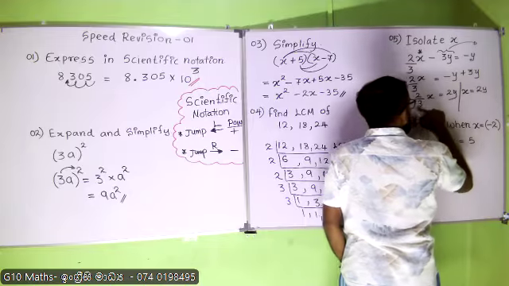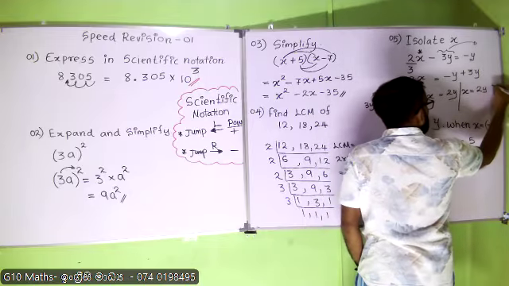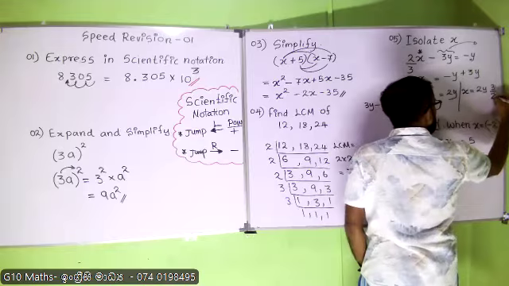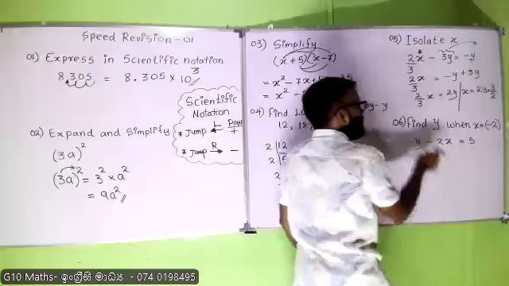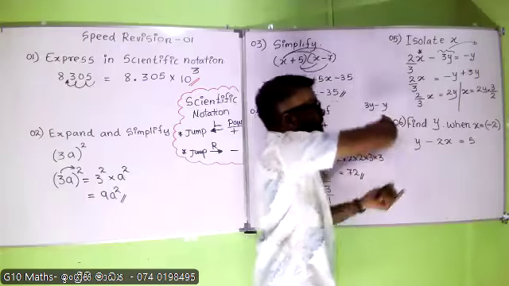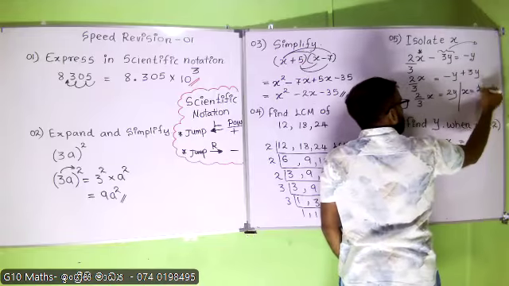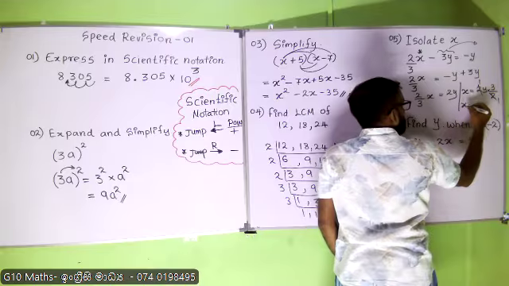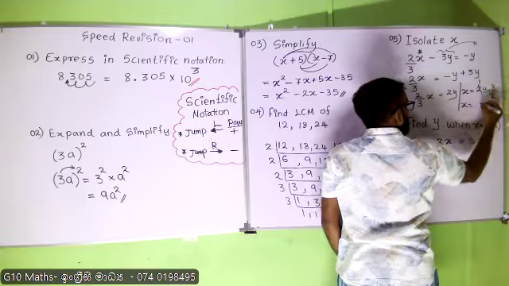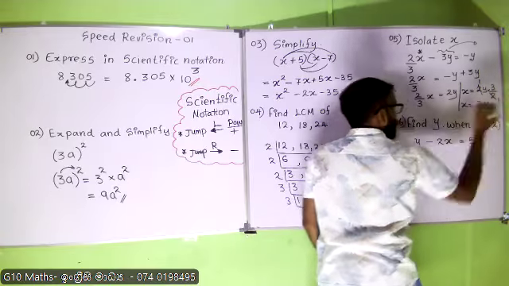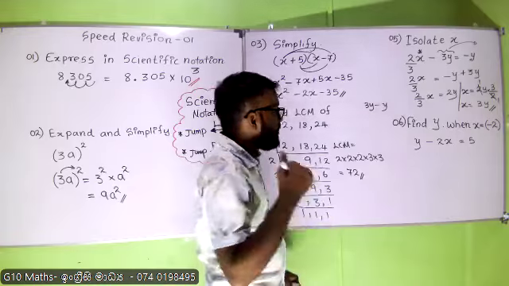So denominator goes to the numerator, numerator goes to the denominator. Very basically reciprocal of this 2 upon 3. So simplify, okay? 2 times 1, 2 times 1, x equals, y times 3 means 3y. So your answer should be x equals 3y.